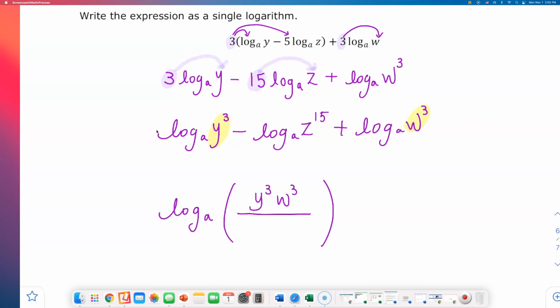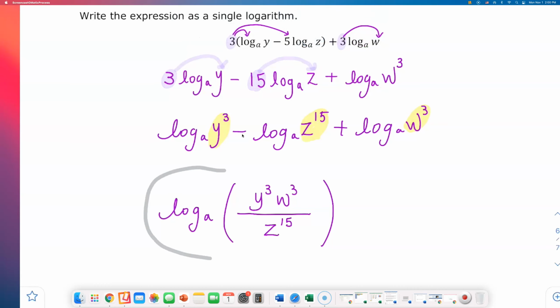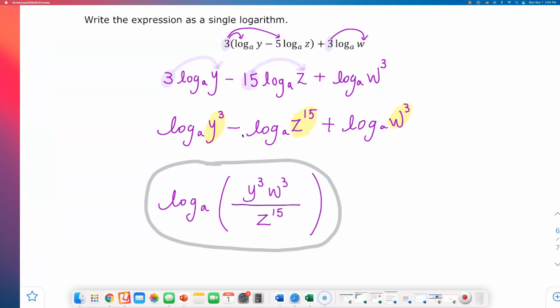But look, this z to the 15th power has a negative sign in front of this log term. So guess what? We're going to have to put that in the bottom of the fraction. So that's it. That is how I will simplify this expression. This is a single log. And I will stop this lesson right here, and that's it.